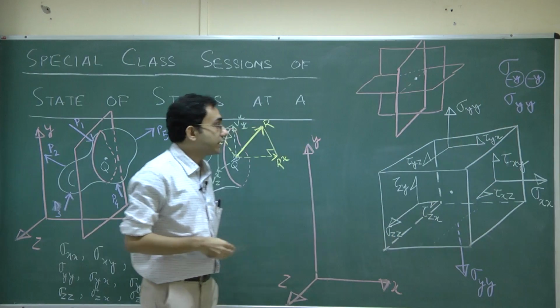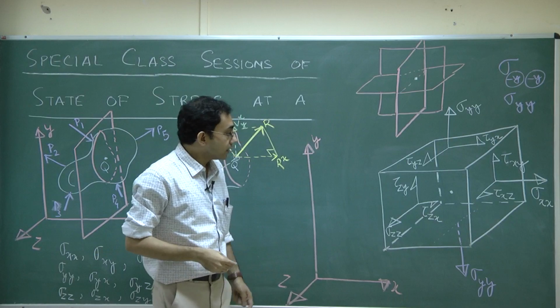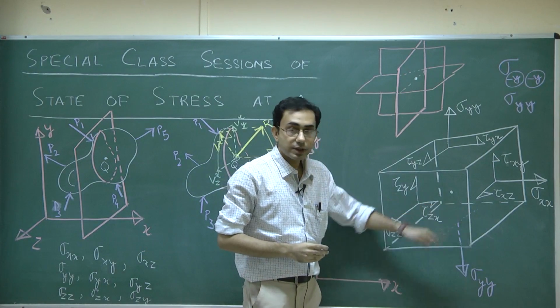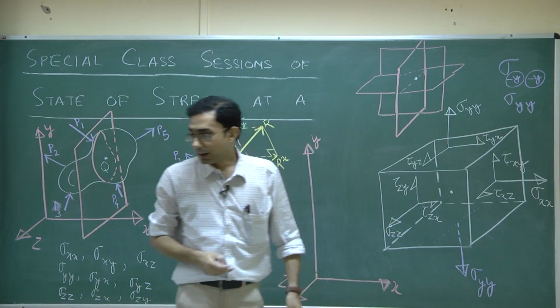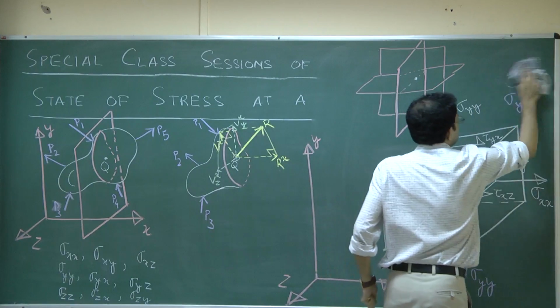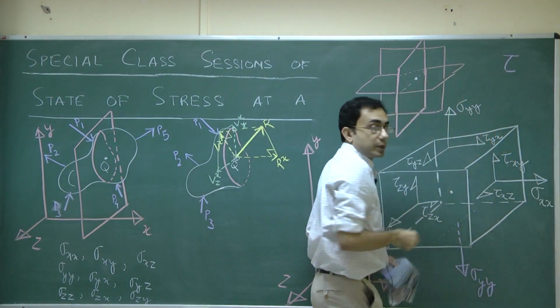It is a positivity convention. Then can I borrow that kind of an idea to represent the shear stress component in a positive fashion? I can actually do that. So, what do I do? I write my tau because I want to represent my shear.